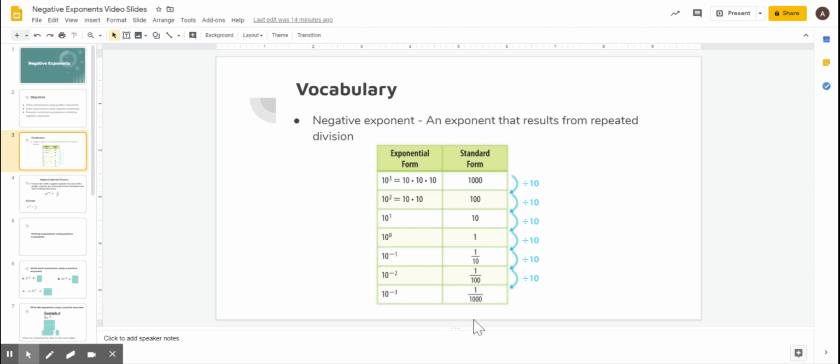If you have something like 1 over 1 million, you wouldn't want to write 1/1,000,000th as a fraction. You would want to write 10 to the negative 6. That's just easier to write.